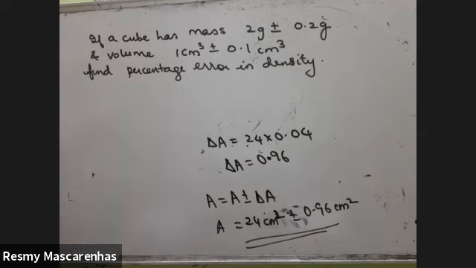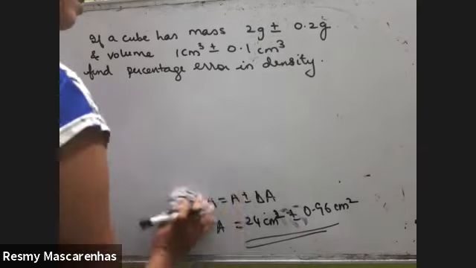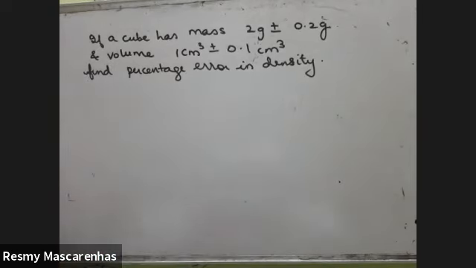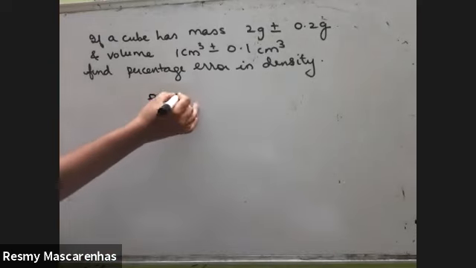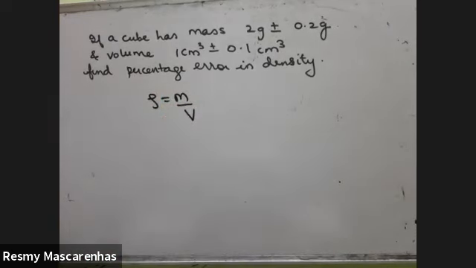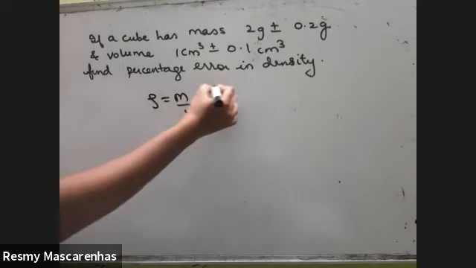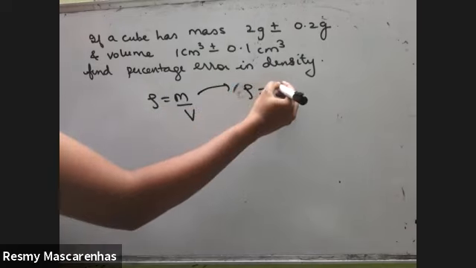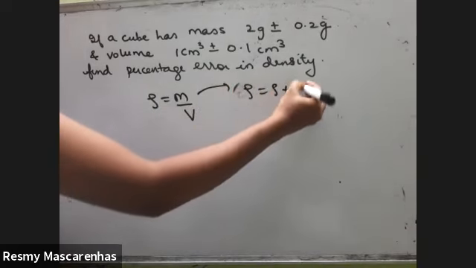Yeah. You'll get opposite answers then. So density is mass upon volume. So what we have to find is rho, which is what, plus or minus delta rho.